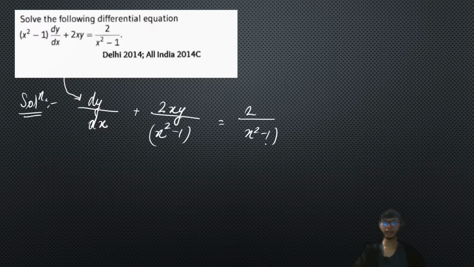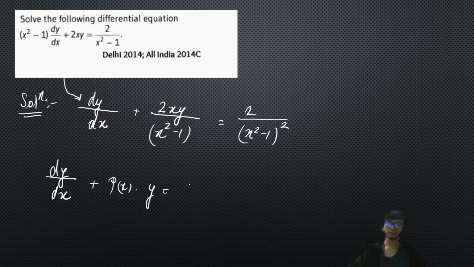Now, if you analyze, this is nothing but the same form of a linear differential equation of the first order, right? If we compare the coefficients p and q, we get p as 2x upon x square minus 1 and q as this one.